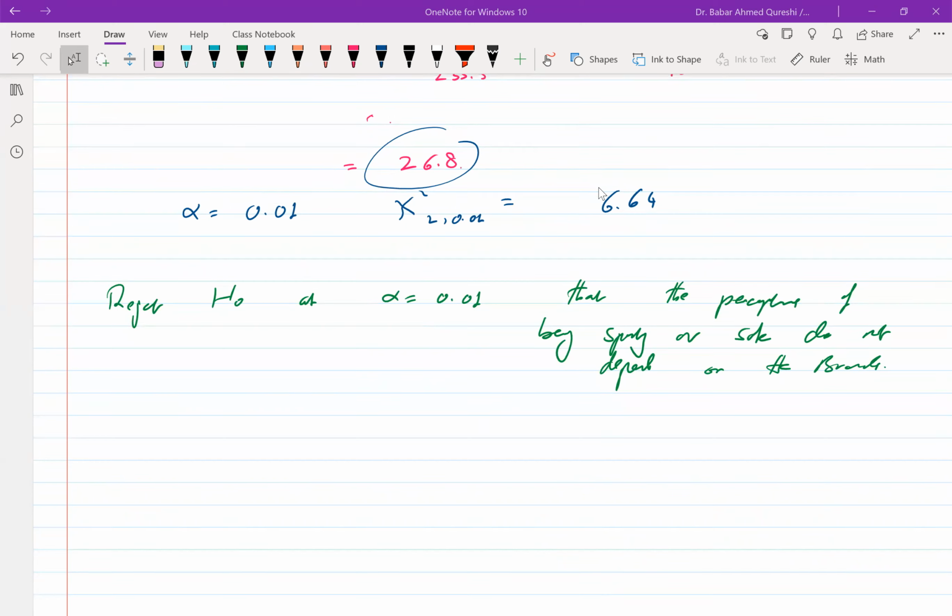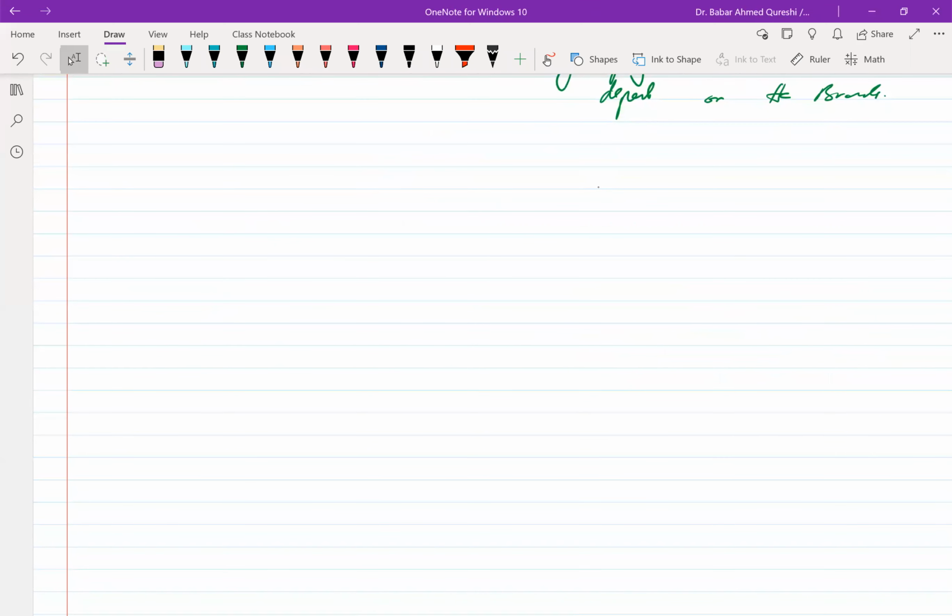Let's do another example, because I just want to make the table in a different way, and because it doesn't really matter.